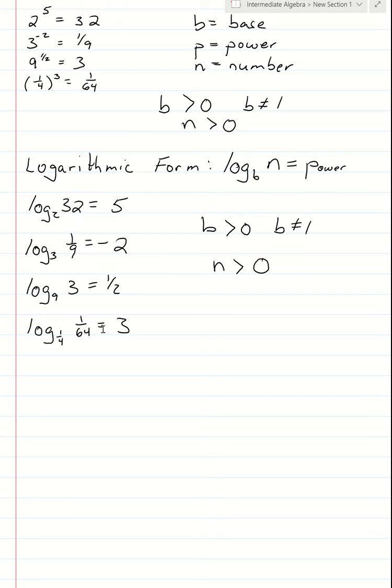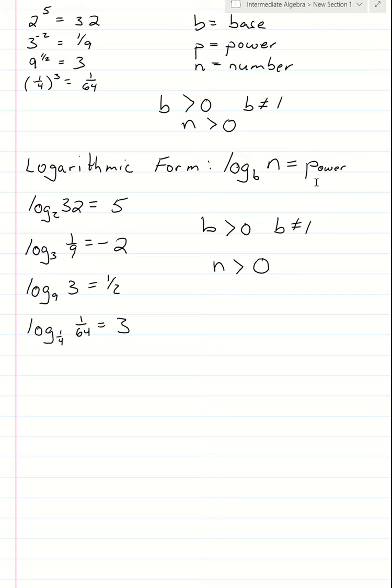Those are all positive numbers, okay? The power, once again, can be positive or it can be negative. There are no conditions on the power. So that's what logarithms do. Once again, logarithms figure out the power, okay?